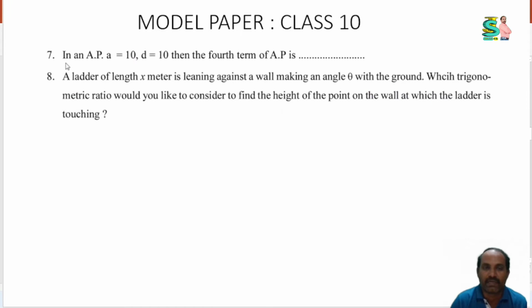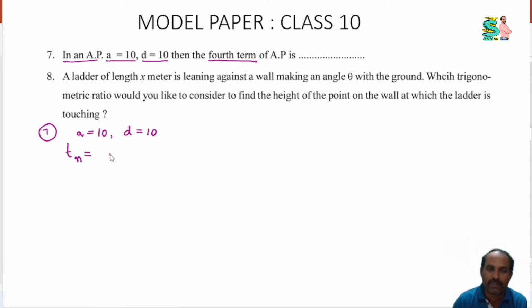Okay. Here, given in an AP, A is equal to 10, D is also 10. Then find the fourth term. So, the seventh one, solution. Fourth term: A is given as 10, D is also 10. Now the general term Tn is equal to A plus n minus 1 into D. Here we want T4, the fourth term, so n is 4.